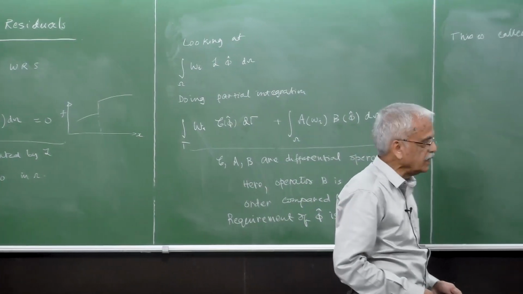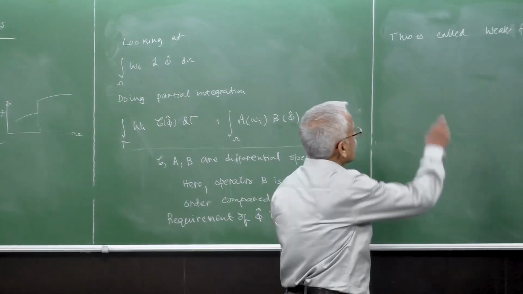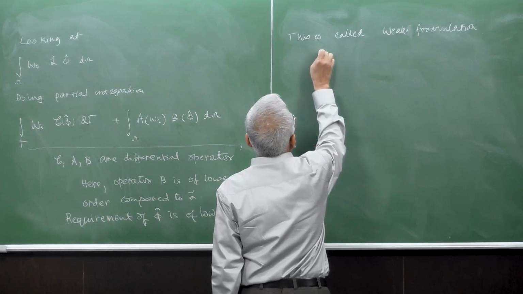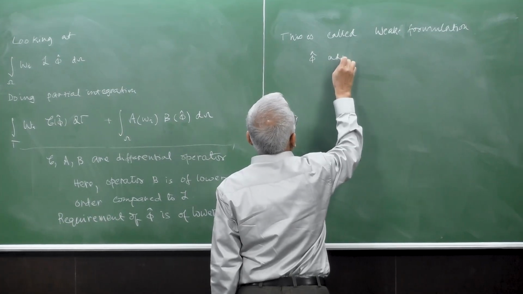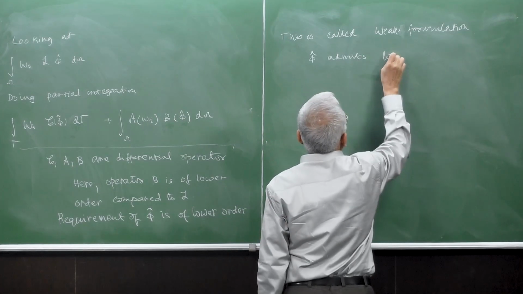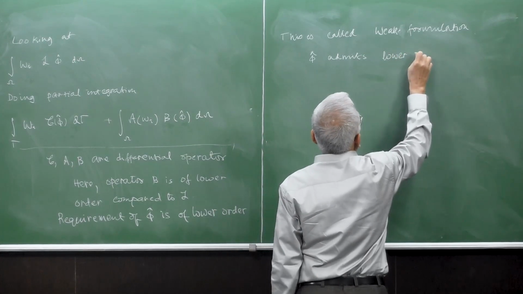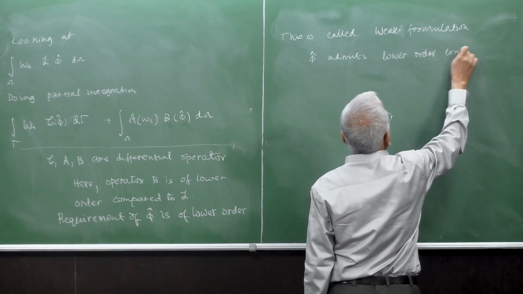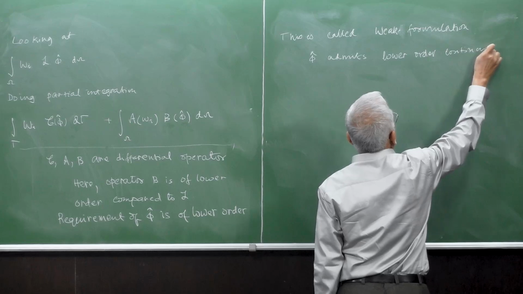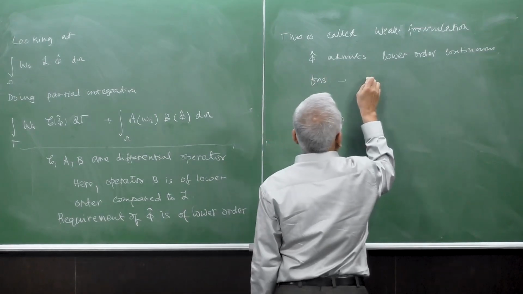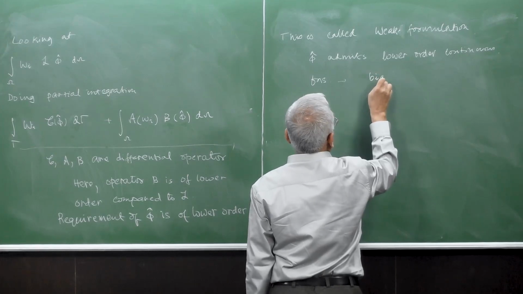So this is one advantage: phi hat admits lower order continuous functions, and of a bigger class.